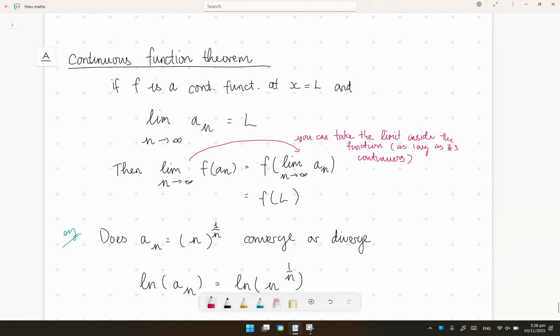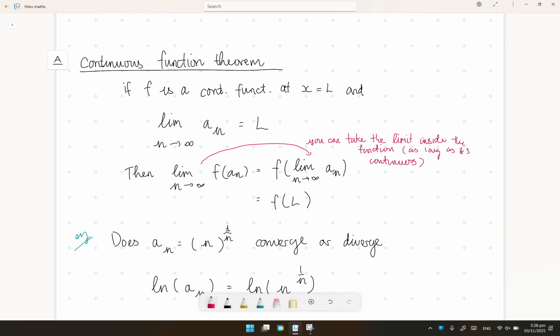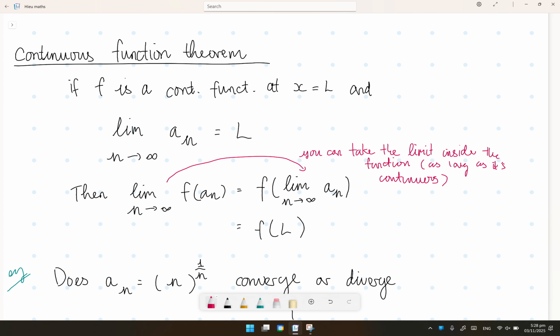Okay, the next idea is the continuous function theorem. It's a little bit convoluted, so I'm going to walk you through it. Basically, it's saying that f is a continuous function at x equals L, and the limit as n goes to infinity of a_n, basically a infinity, is the infinite term of the sequence.